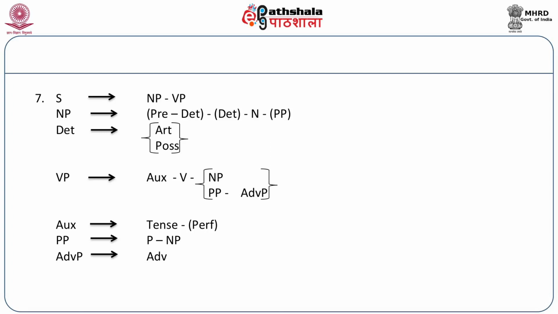Now when we look at the verb phrase, we find that in all cases the verb phrase has an aux and a V, which is followed by either a noun phrase or a preposition phrase and adverb phrase. Since we can have noun phrase or preposition phrase and adverb phrase as alternatives, we have put them in curly brackets.